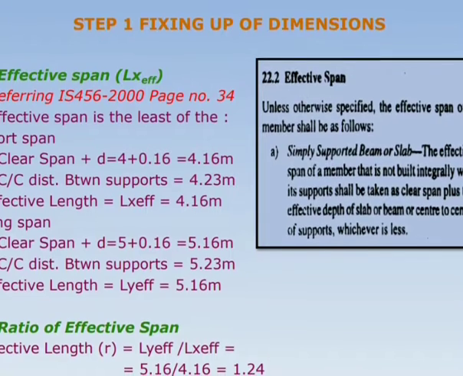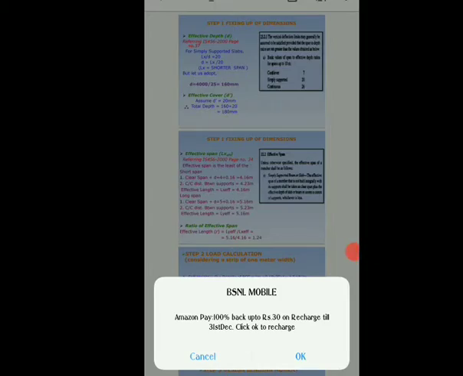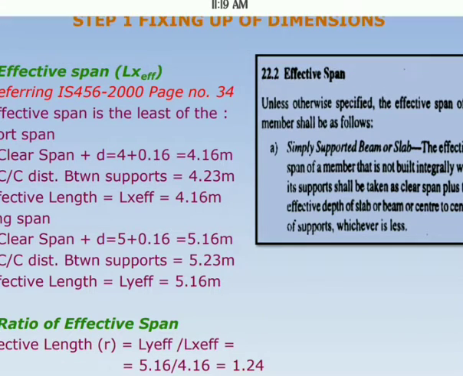Further, let us fix the effective length. Now as it is a two-way slab, the effective length needs to be fixed in both directions, that is Lx effective as well as Ly effective, using our regular formulas from the IS reference.